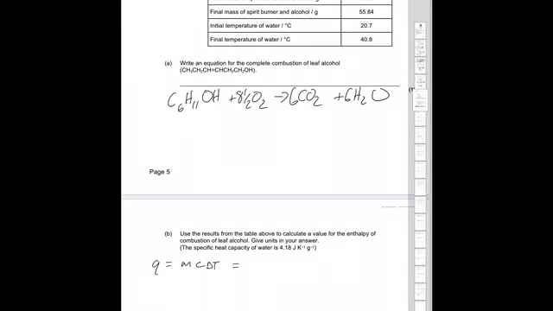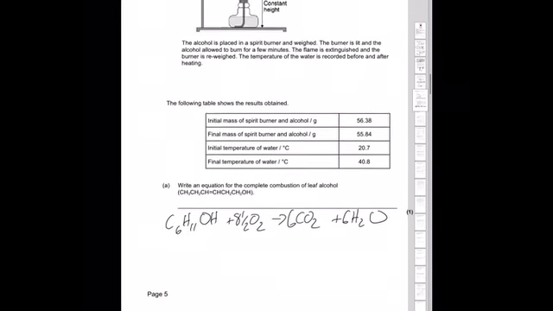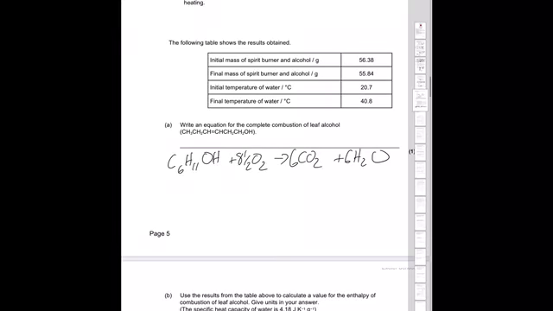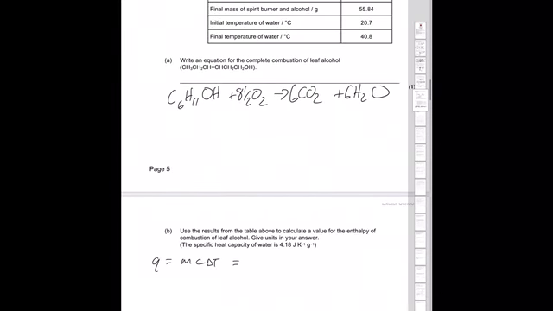So it's worth writing out the equation Q equals MC delta T. 50 grams of water. So we can use the density of water as 1 gram per centimetre cubed, 1 gram per milliliter. But actually that's a mass there, so we can just put 50 in there.